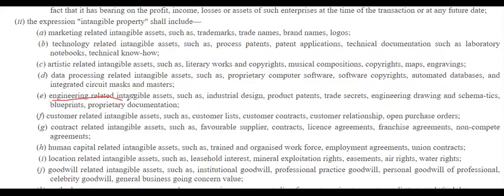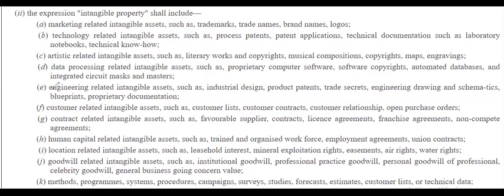Engineering related intangible asset, such as industrial design, product patent, trade secret, engineering drawing, schema, techniques, blueprints, proprietary documentation. Customer related intangible assets: customer list, customer contract, customer relationship, open purchase order.